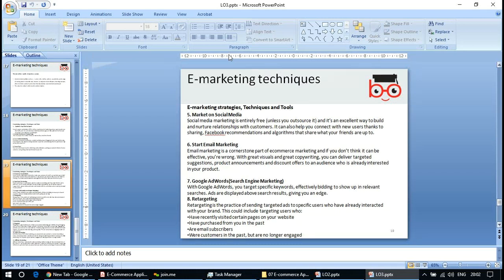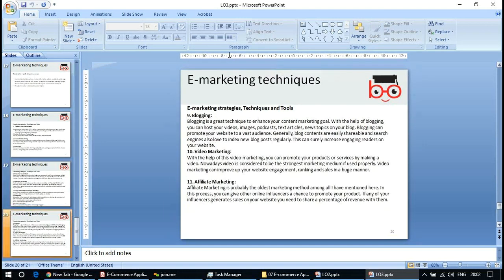You must have seen it. Blogging: there are lots of blogging websites that give you space to create a page, and they are search engine friendly, so your product becomes more popular.